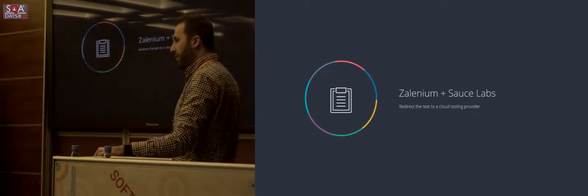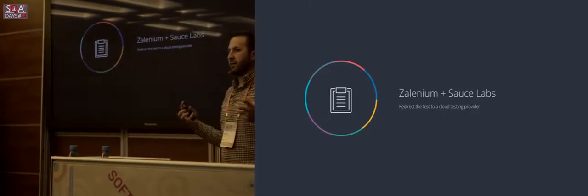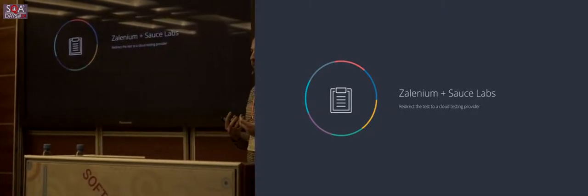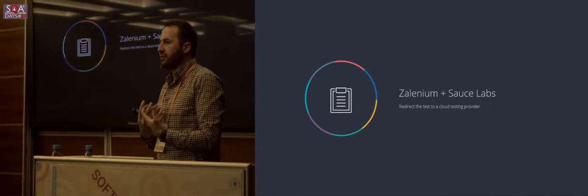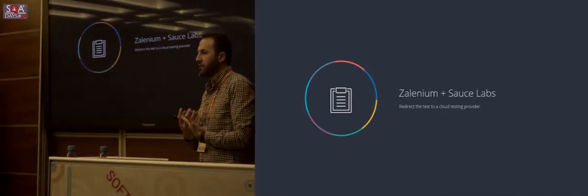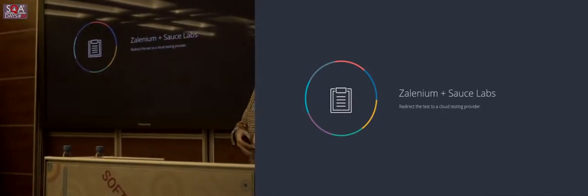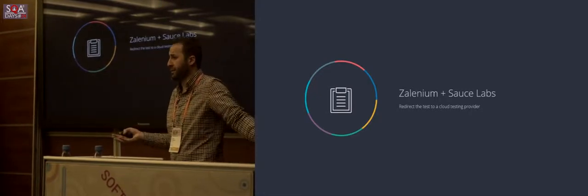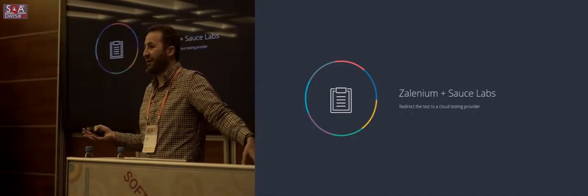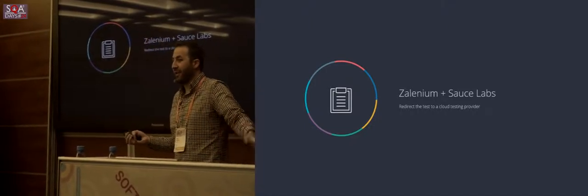So what's the benefit of combining these two solutions, Selenium and Sauce Labs? As I already mentioned, if there is a possibility to create a browser in your local grid, which is basically free, it could be some under-desk machine that you have in your office, it can run there.